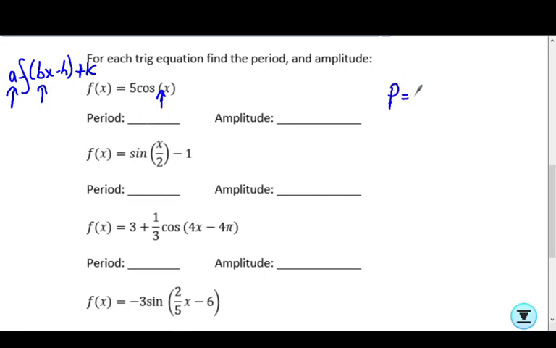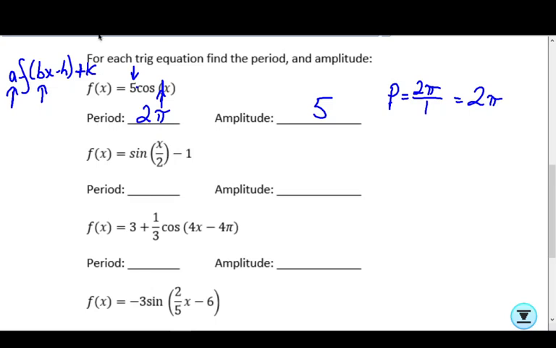My equation is 2 pi over b. Well, there's that 1 right in front, so this is 2 pi over 1, which is 2 pi. So the period here is 2 pi. The amplitude comes from this number multiplied in front of the cosine. So the amplitude here is 5, because a is for amplitude. That easy. This is what we're talking about doing.